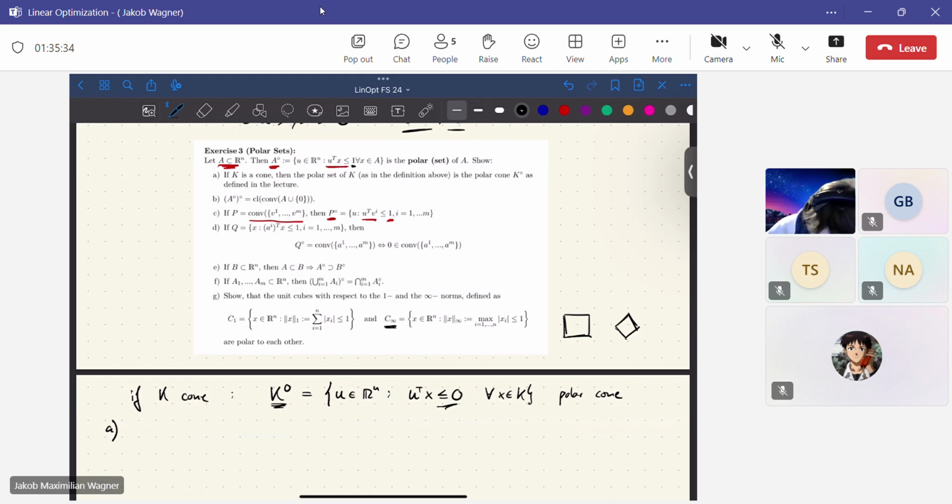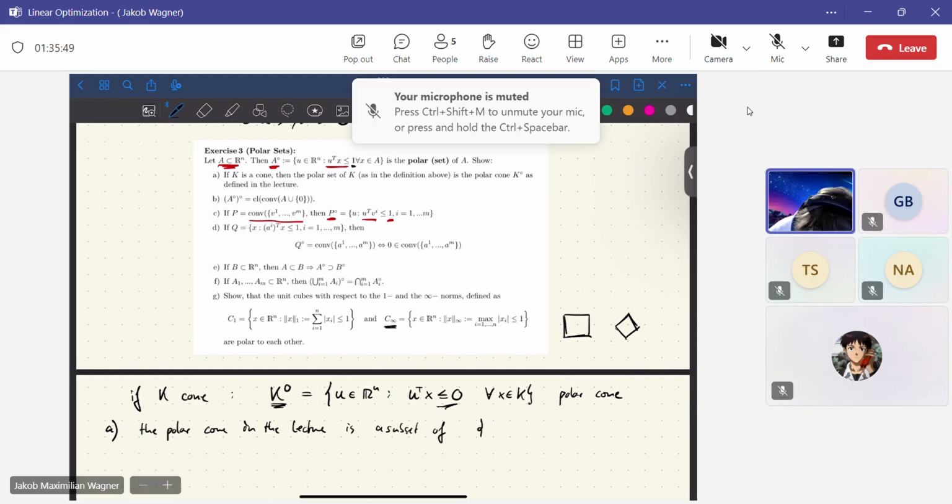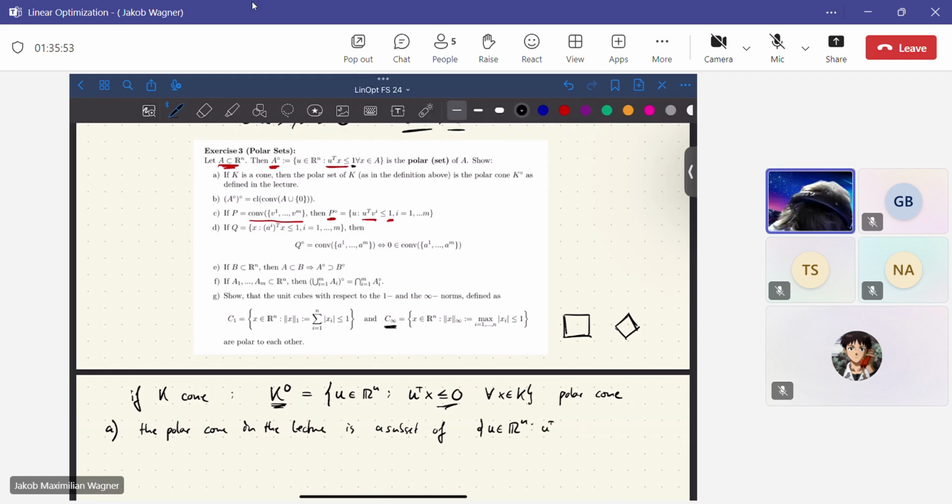So the polar cone in the lecture is a subset of U in Rn such that U transpose X is less or equal 1 for all X in K, which is the definition of the polar set that we did earlier.